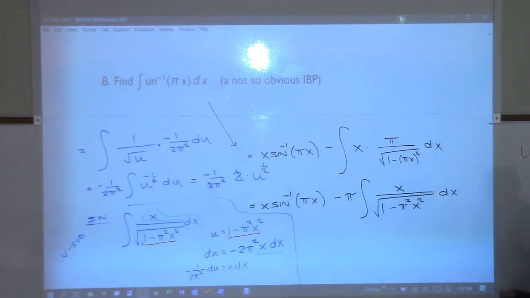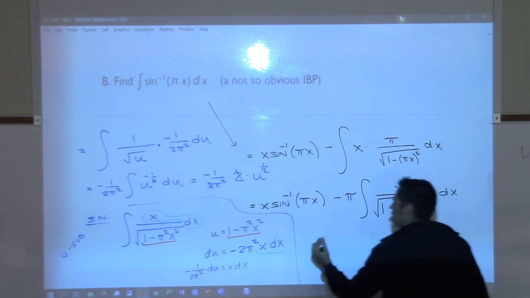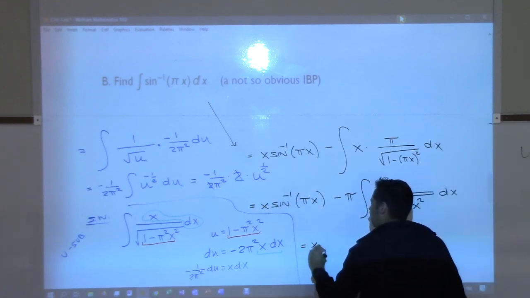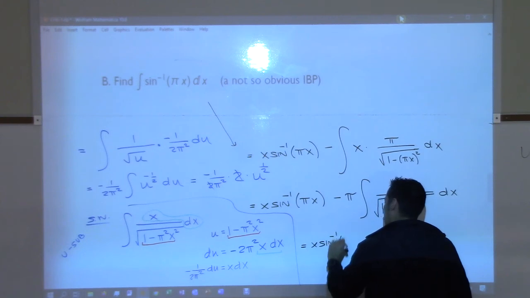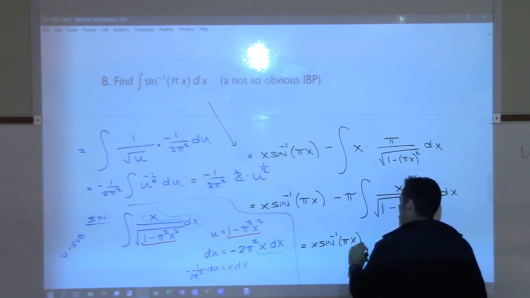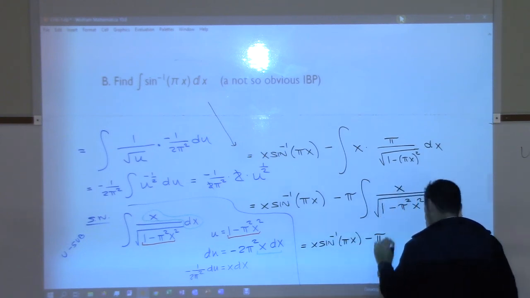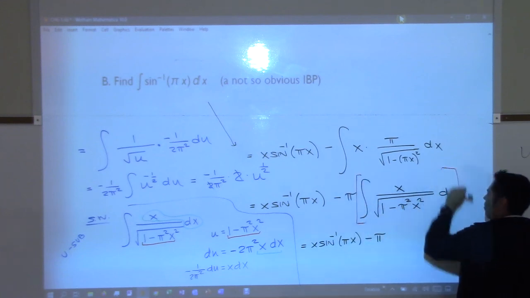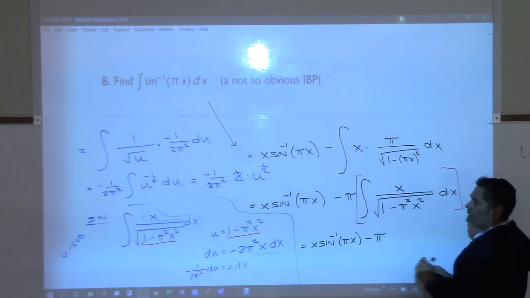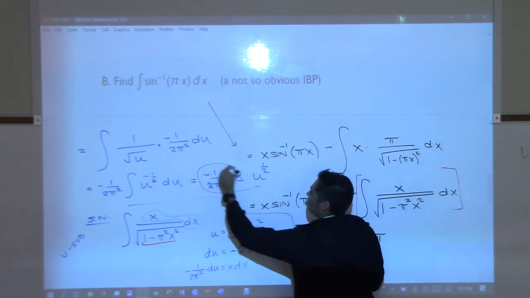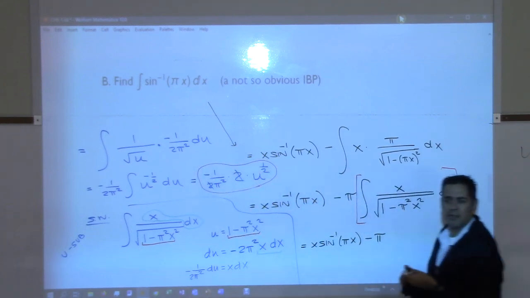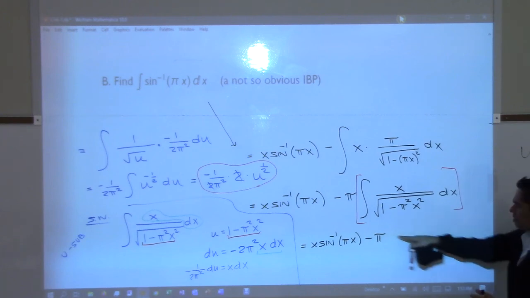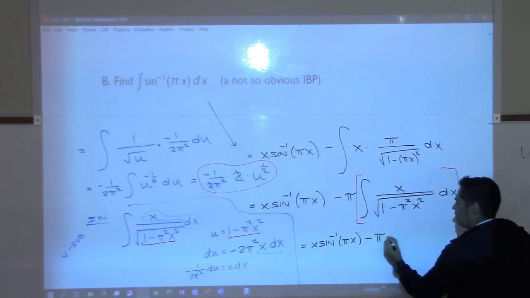So my next line over here should be equals x arcsine of pi x, minus pi. And now this right here, we just did, right? And that gave us this answer at the end of it all. That's going to get inserted right here with multiplication.